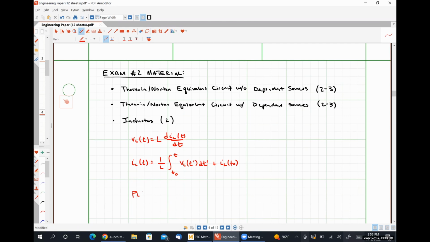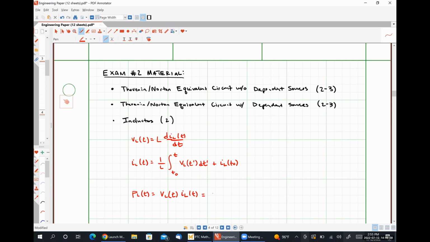Power absorbed by an inductor is VL times IL, our generic power relationship.